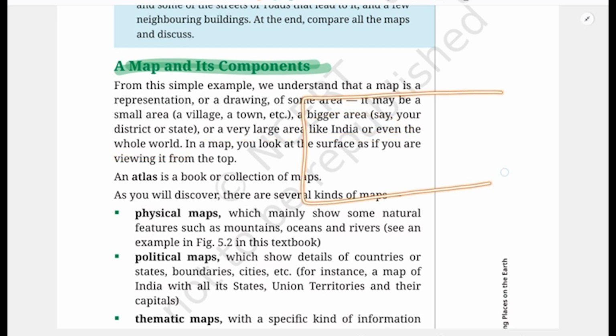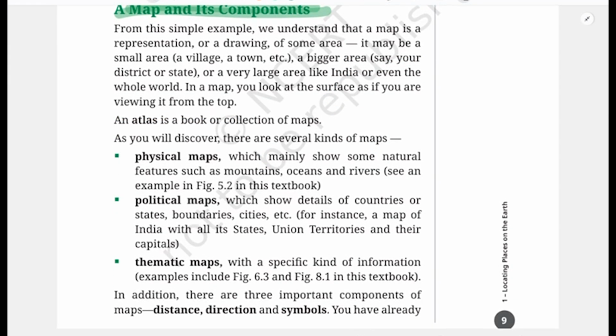We can represent it in a map. In a map, you look at the surface as if you are viewing it from the aerial view. Here it is very important to note that an atlas is a book or a collection of maps. When we have a collection of maps, we call it an atlas, as a book.